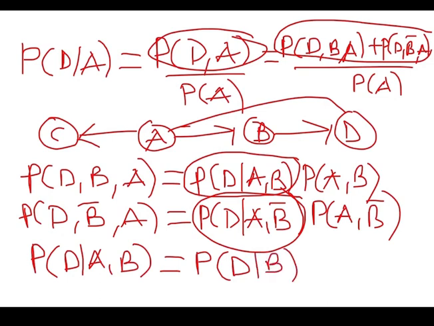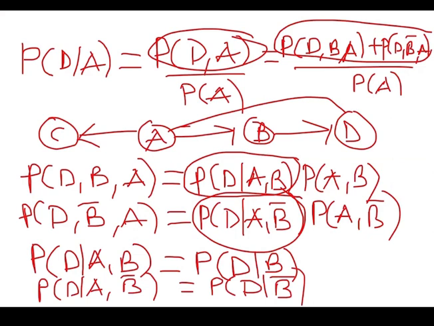This is what we call conditional independence. Knowing information about A does not really provide additional information, because D directly depends on B. So if I also rewrite the other one, I'm also going to have this. Take a look at that.